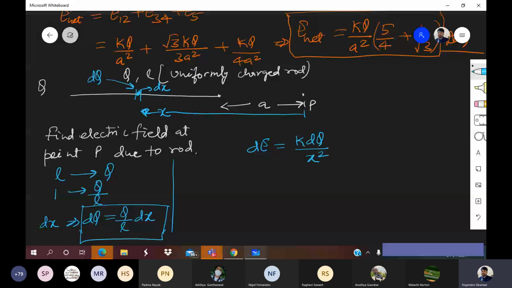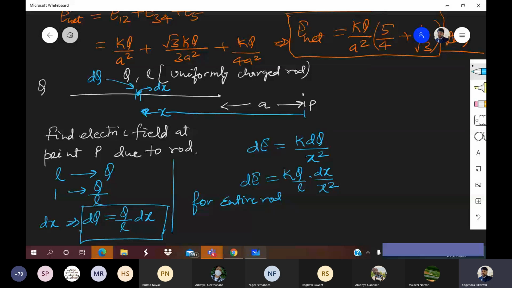So for the entire rod, we have to count the electric field due to all the elements and add that. Counting and adding for each will be a difficult task. So what we can do is integration.